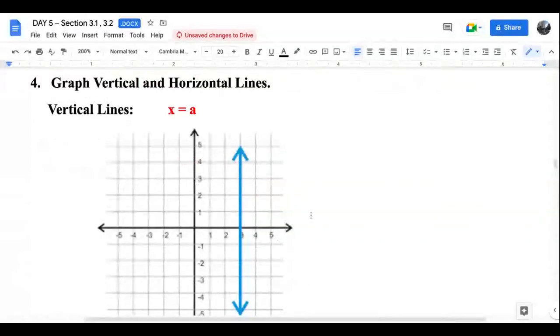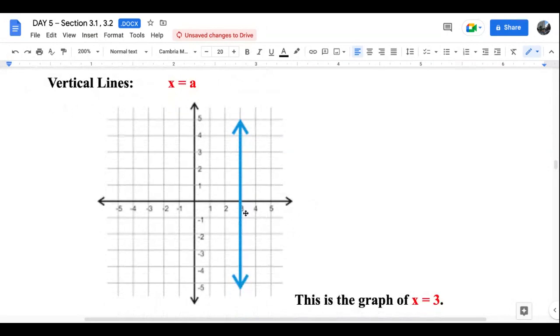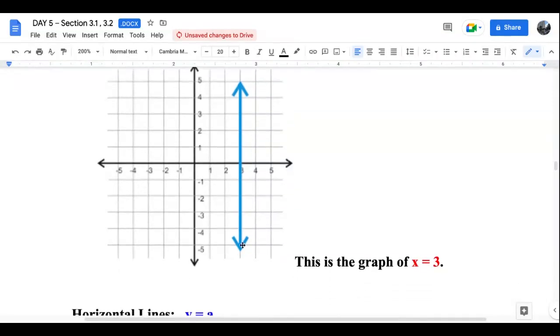Horizontal lines or vertical lines, right? So this blue color is a vertical line, and it gets the name x equals to 3. Vertical lines mean all the points on this line have the same x value. So y value can be anything, but the x value is the same. So x equals to 3. So that's how it gets its name.